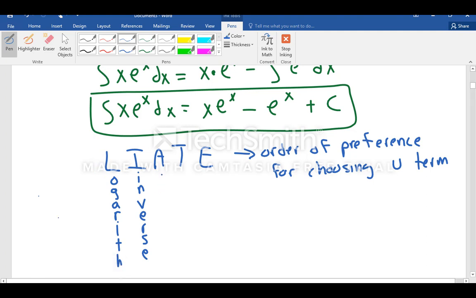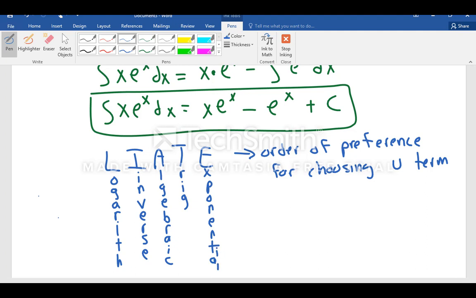And then A means algebraic, which really means polynomial. If I have a polynomial, like we had x to the first, that's an algebraic function. T represents trigonometric, and then E represents exponential. So those are the preferences I take when choosing the u term.